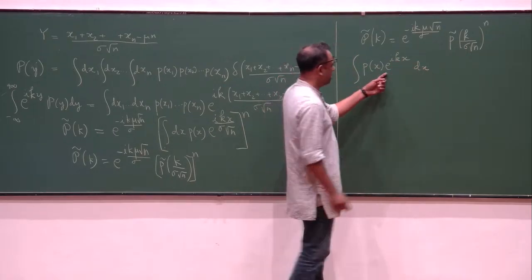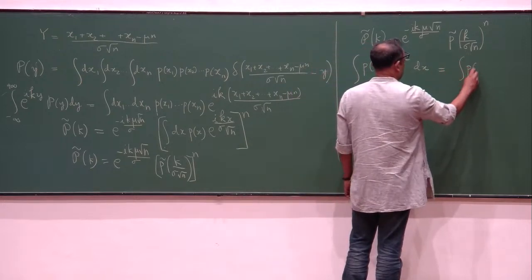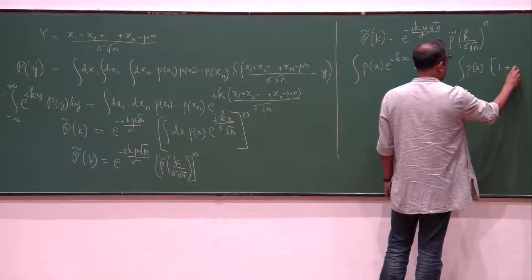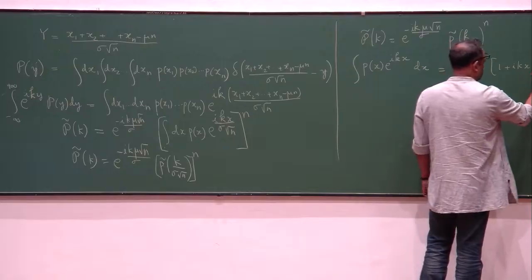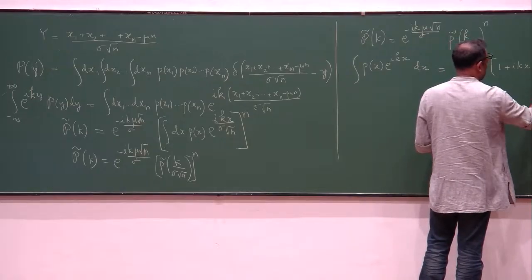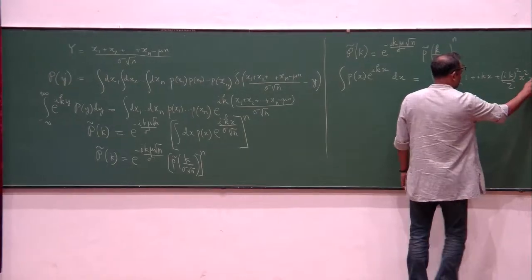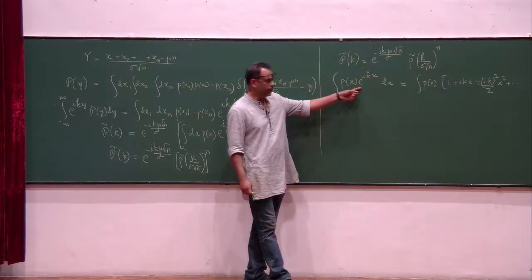I can do an expansion here. Integral p of x into 1 plus I k x plus so on. I do an expansion for e to the power I k x.